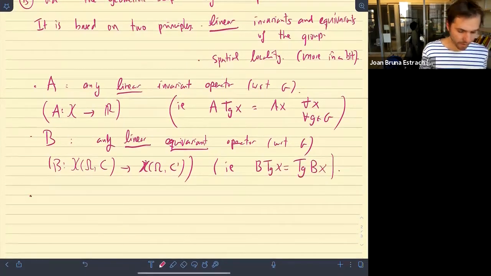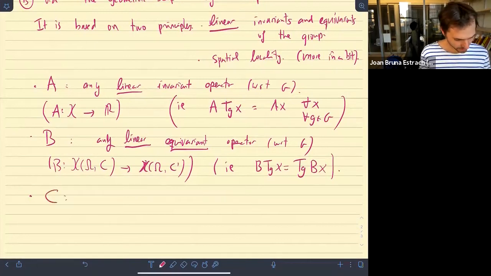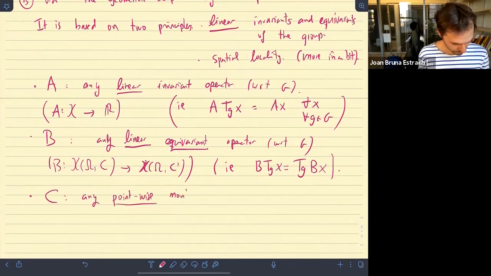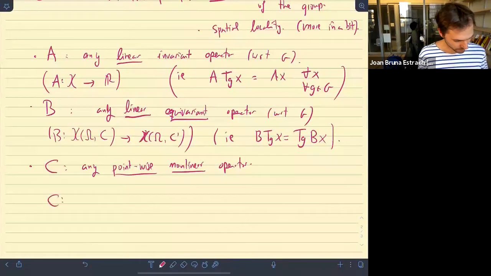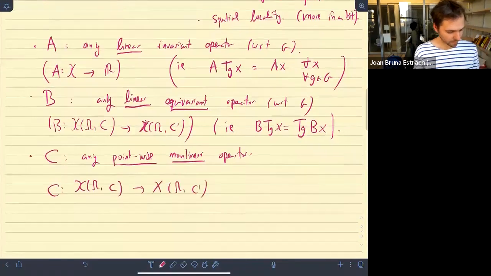And then finally, we complement this with C, any pointwise nonlinear operator. So C goes from X of omega with C channels to X of omega with C prime channels.